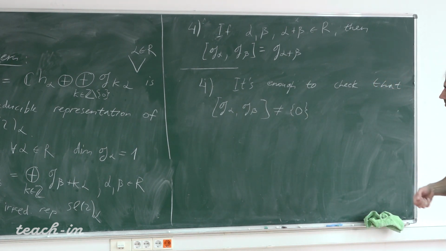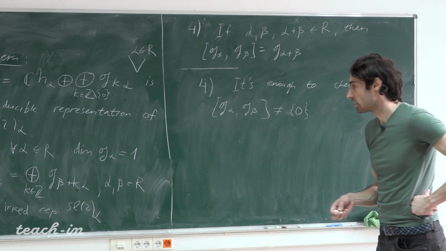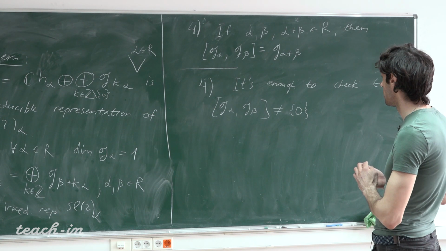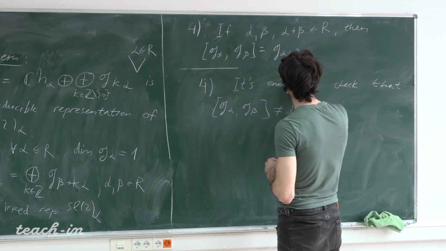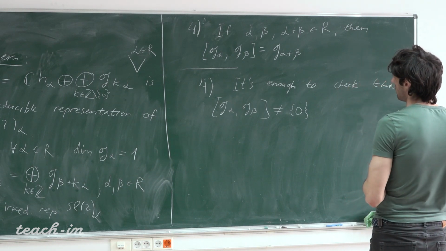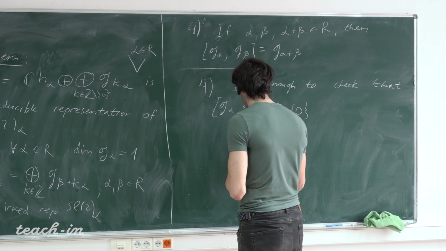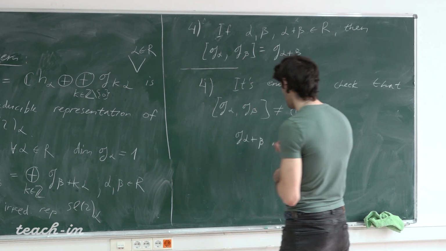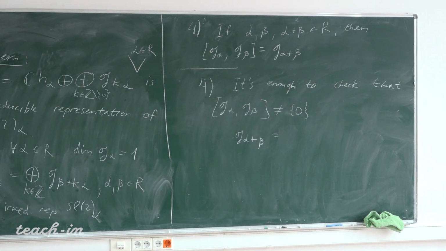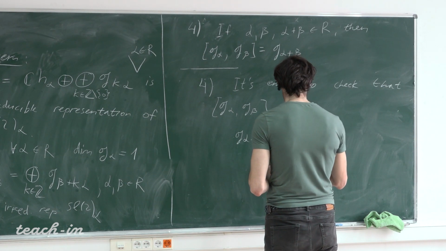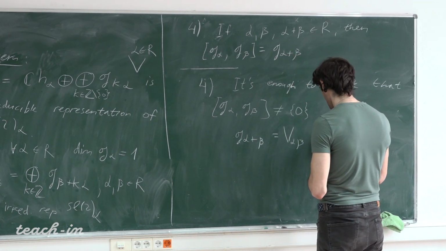So how to do that? Again, we will use number 3, right? So G alpha beta, G alpha plus beta. Again, look here. We just need to take k equals 1, right? So therefore, it's V alpha beta of mu plus 2.